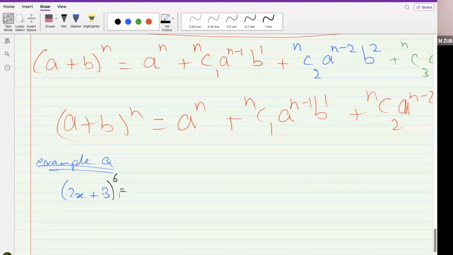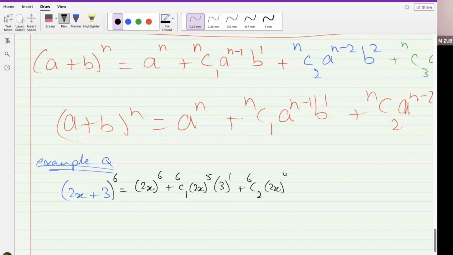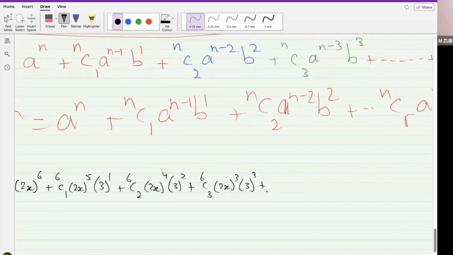For example, he tells you to write the first 3 terms or first 4 terms. So first term is A raised to power n plus 6C1 A^(n minus 1) B^1 plus 6C2 A^(n minus 2) B^2. These are 3 terms, plus 6C3 A^(n minus 3) B^3. These are 4 terms. The question will always tell you up to how much extent.